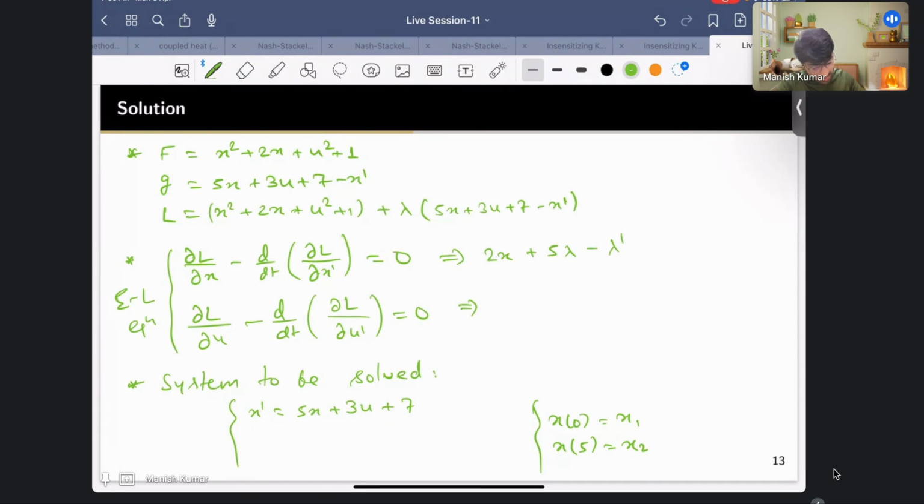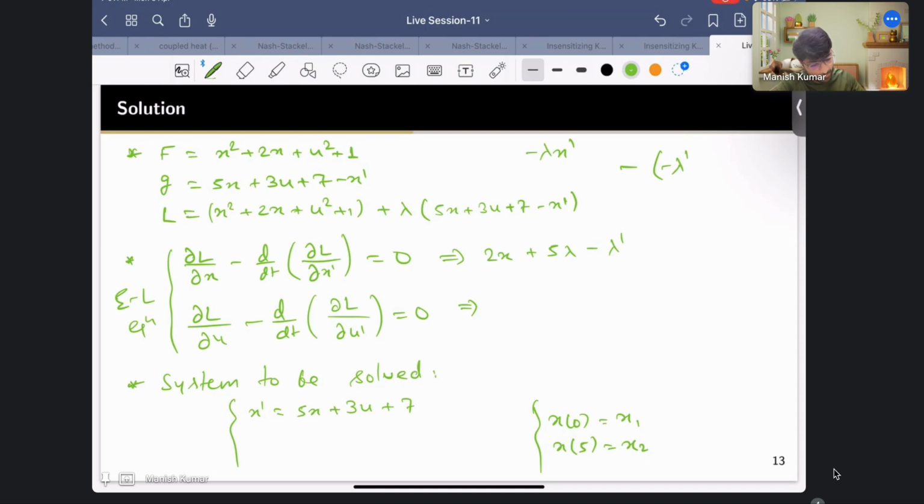I think you missed something, right? The first thing is that you missed this point: 2x plus 2. And it would not be minus, it would be plus, right? You have minus of d dt of this, so this is minus lambda x dot. Minus of minus lambda prime, so it would be plus.